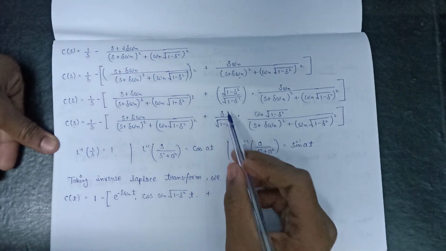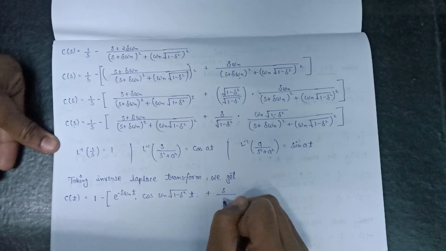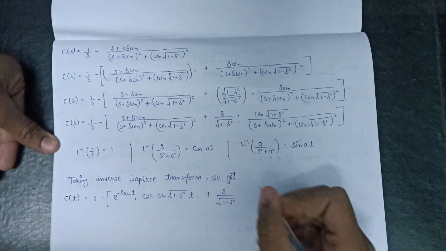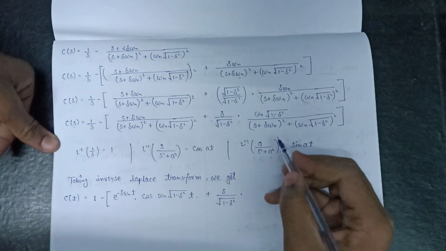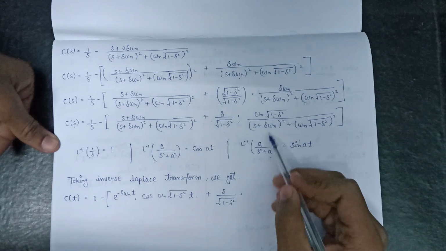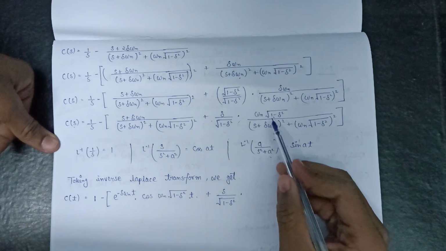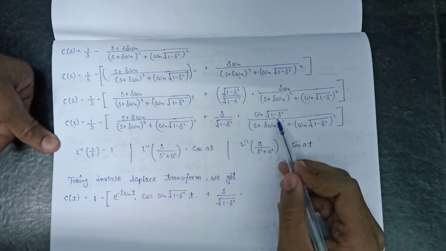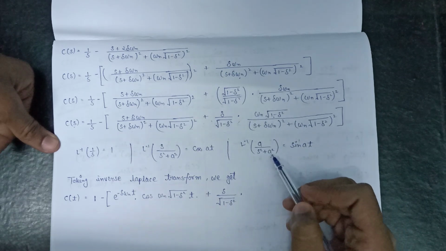plus this whole term will be written as it is, del over under the root 1 minus del square, and after this we write this is the formula of a over s square plus a square, and here also the value of a is omega n under the root 1 minus del square, and this is also following the same expression.